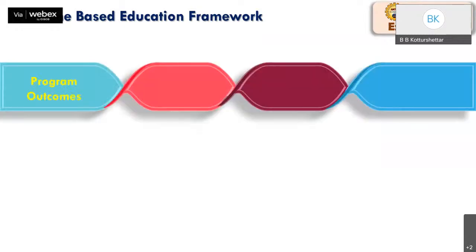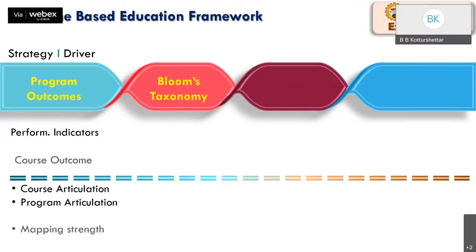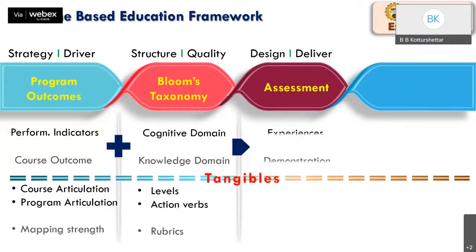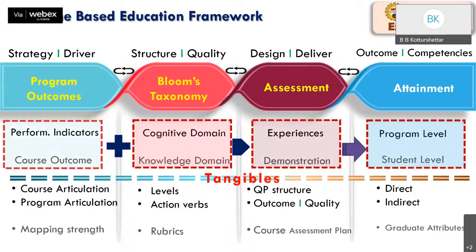So outcome based education, we can say, is an alchemy which helps us take care of all these aspects that we saw just now. It starts with program outcomes. When an institute decides to embrace outcome-based education, it has to be a strategic decision, and for that, program outcomes become the drivers.